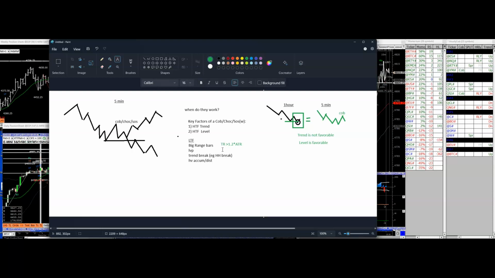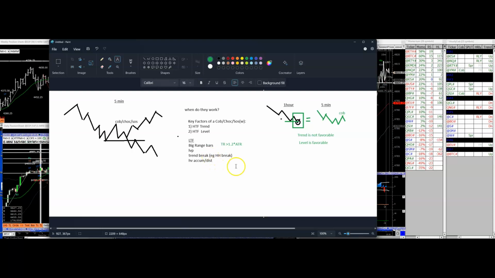So that low volume pullback, believe me, your change of behavior does not mean anything if there is no low volume pullback after it. It is totally suspect. So you need big range bars, heavy volume, big price movement. And then on the pullback, small waves, low volume pullback, it's going to work.